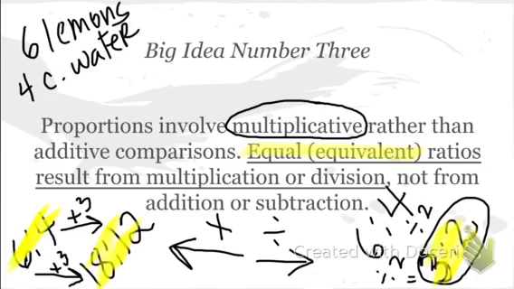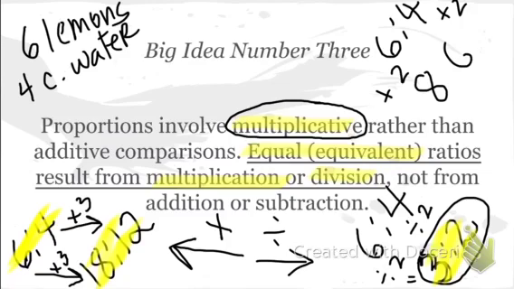Okay, and the way I get to equivalent proportions, or equivalent ratios, is I use multiplication or I use division. Not addition. Because if we looked at addition, let's say we have 6 to 4 as our ratio. Let's say we added 2 to both sides, plus 2 and plus 2 here, 8 to 6. 8 to 6 is not equal to 6 to 4.